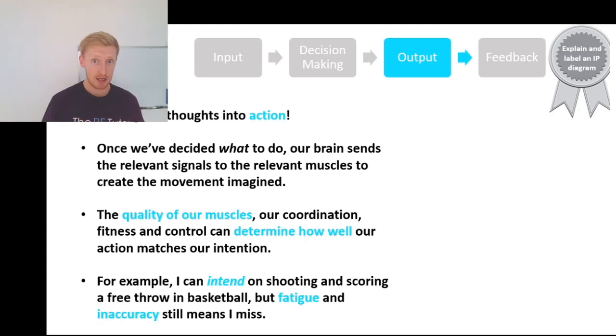Now, ideally, we want them to be carbon copies. We want them to be replicas of each other. Because if you could do that, wow, that's just amazing. Because as soon as something happens, if you can think up the perfect response and then go and produce that perfect response, well, that's ideal. That puts you in a position of power and control over your sporting action.